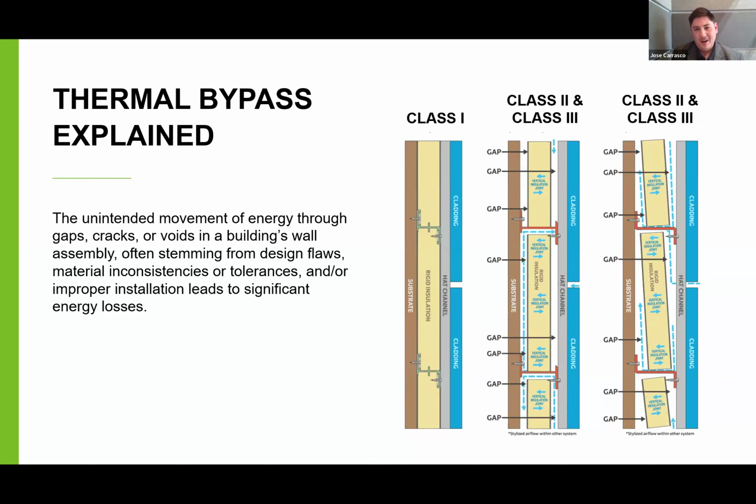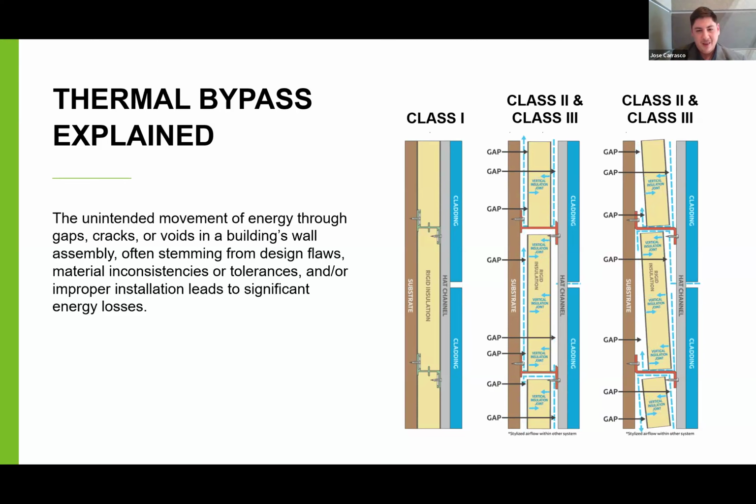The image on the far right, again, could be a class 2 or a class 3 system, but this is showing an example of either improper installation or because the engineering and design of those Z-girts doesn't have that airtight fit around the insulation. There could be sagging or moving over time of those pieces of insulation. Again, all of this is leaving voids and cracks open for energy movement.